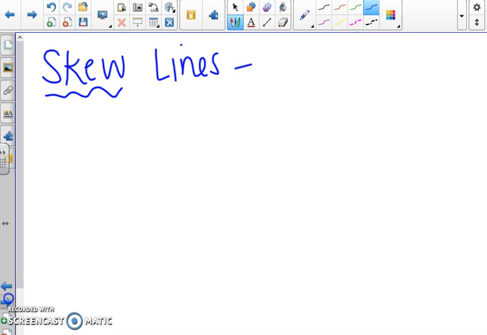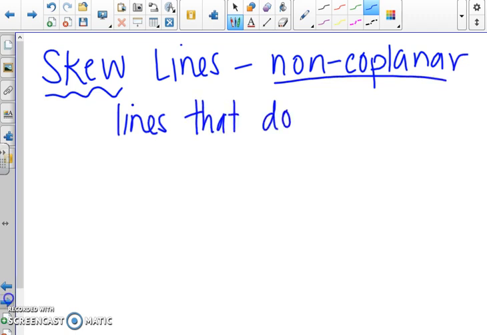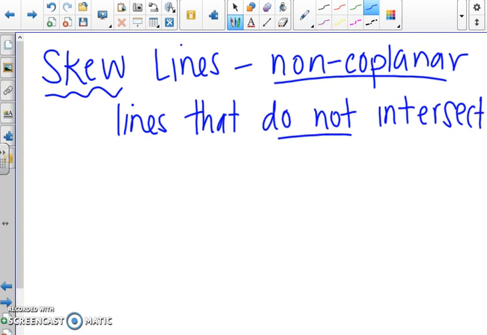Skew lines are non-coplanar lines, so they're not on the same plane, that do not intersect. So like traditional parallel lines, they don't intersect, but skew lines are not even on the same plane.